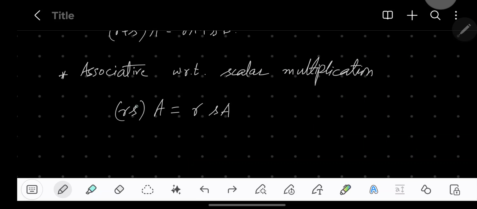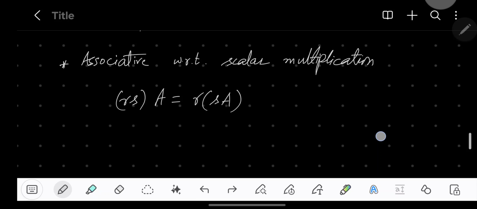This means if you first multiply both scalars and then multiply with A, or you multiply S with A first and then you multiply R with the result, you will get the same answer. Okay, these are the properties.